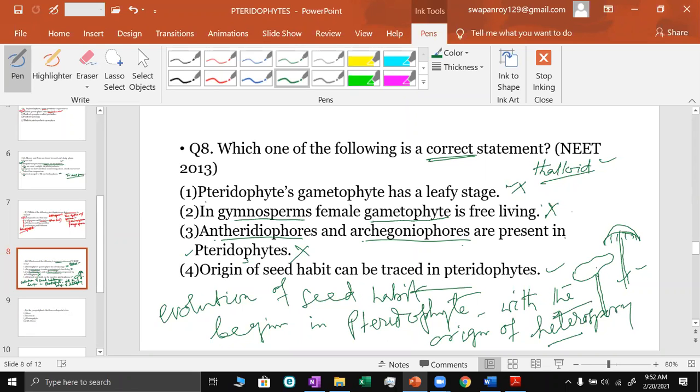Heterospory has given the chance that the seed habit starts. So origin of the seed habit we can trace back to pteridophyte. This one is the correct statement.